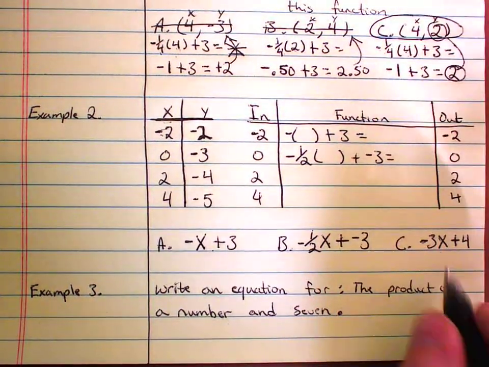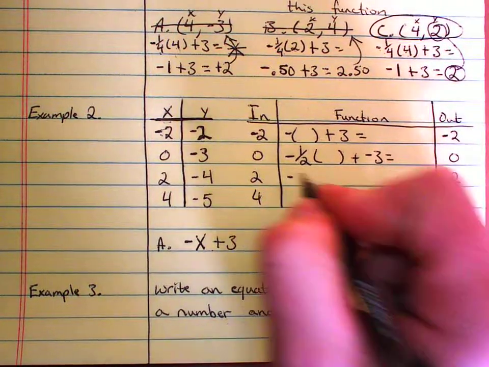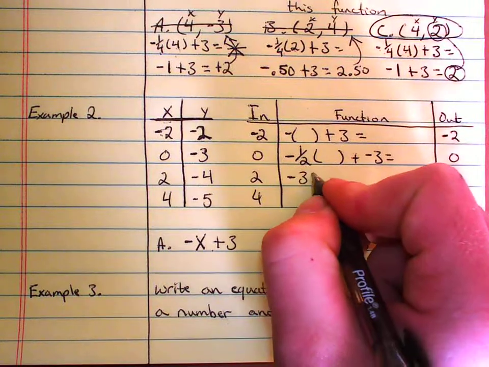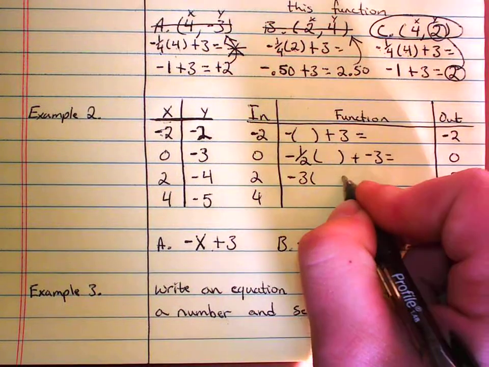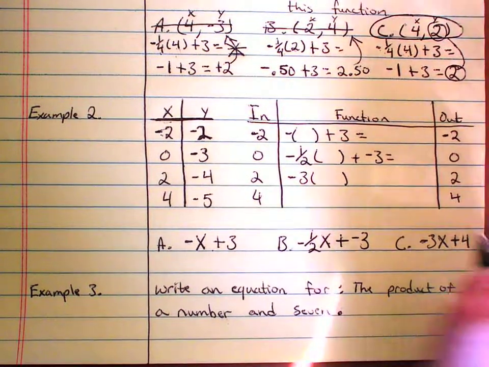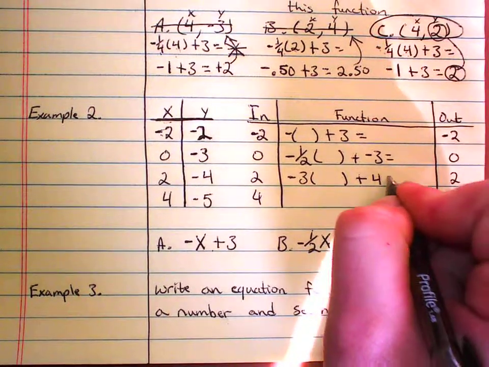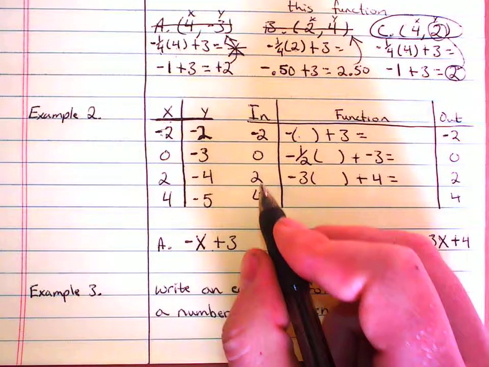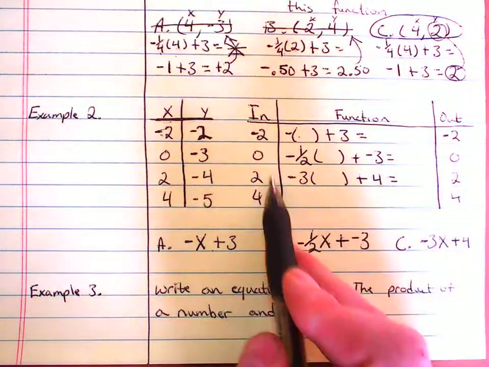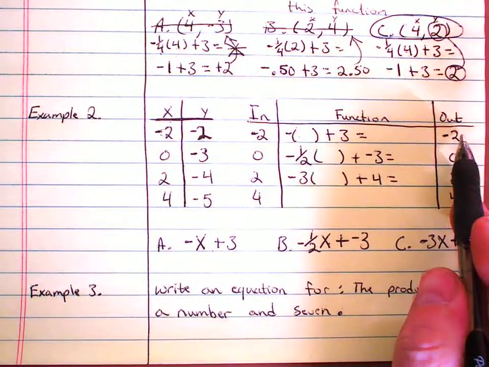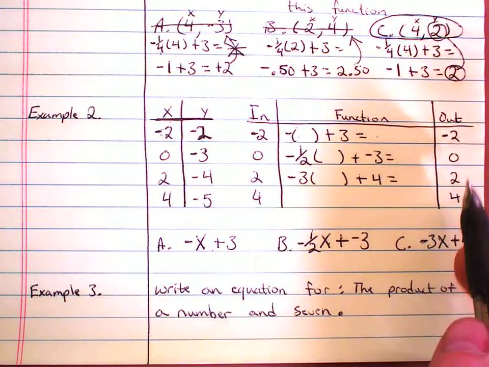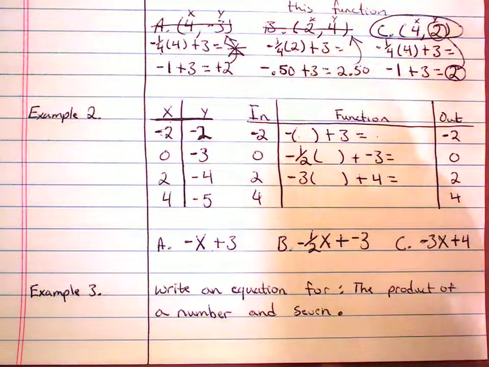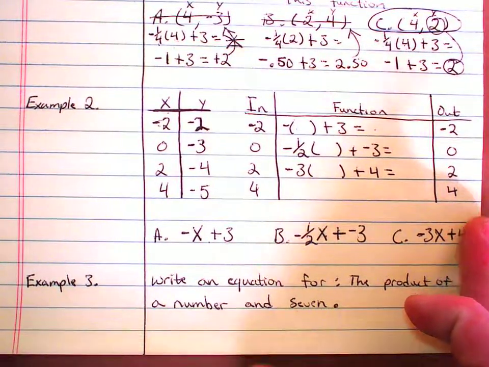There's B. And C is a negative 3, open parentheses, close parentheses for the x, plus 4. So you have A, B, and C. You're going to have to plug in those numbers, work it out, plug in the inputs, work it out, and if the answer matches the output, that's going to be your answer. We'll see what you get when you come to class on Monday.